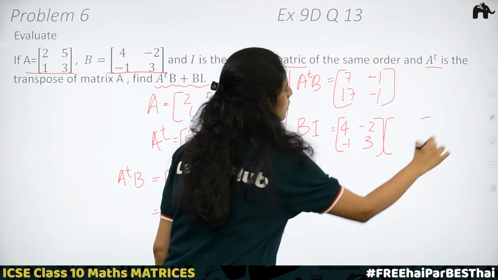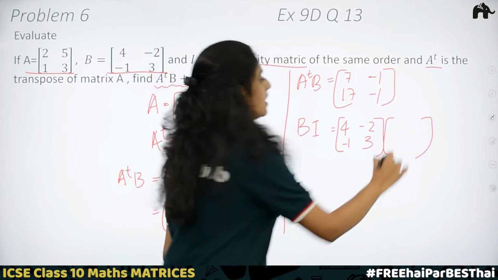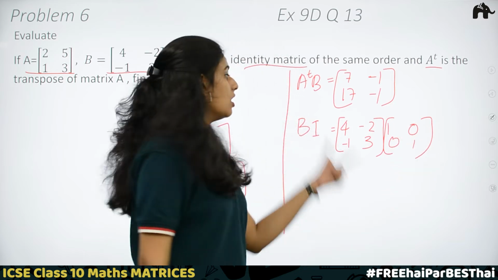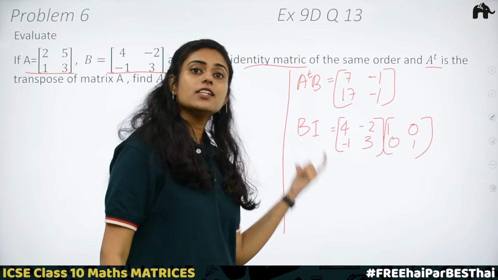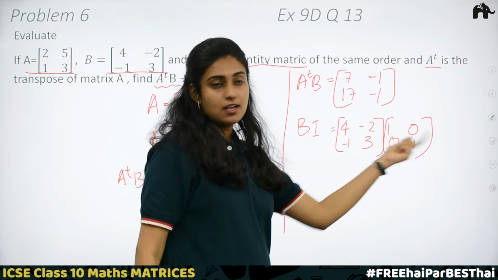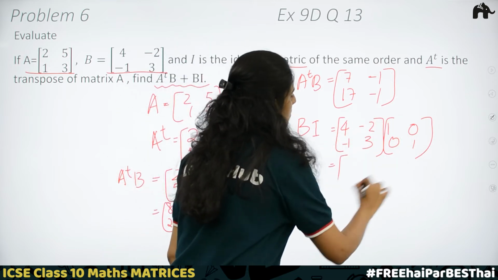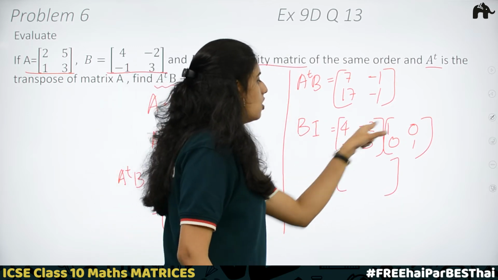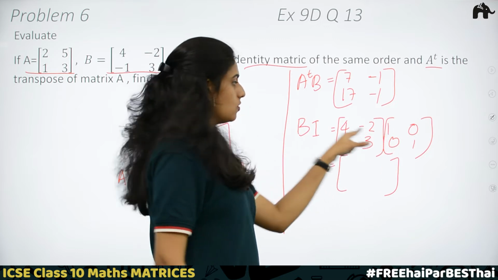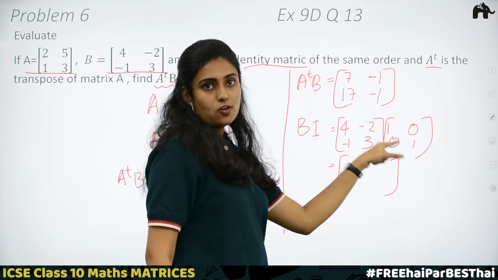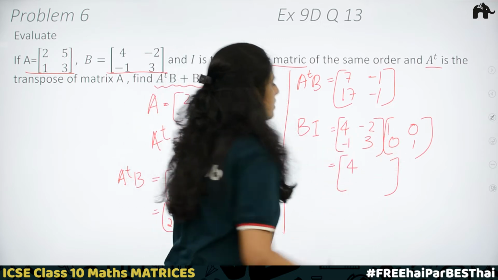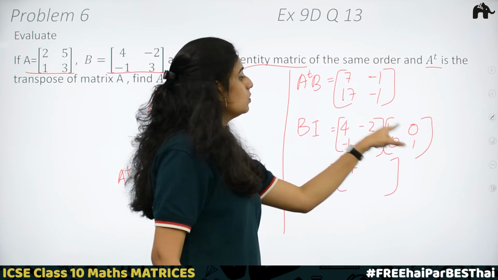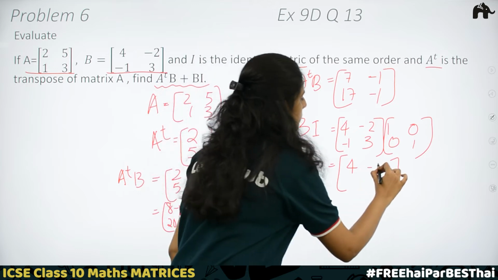And we are considering a 2 by 2 identity matrix. The elements are 1, 0, 0, 1. We have already studied that a matrix into the identity matrix will give the same matrix, but still we will perform the multiplication. The first element, first row, first column: 4 into 1, 4; minus 2 into 0, 0; so 4. Next, 4 into 0, 0; minus 2 into 1, minus 2.